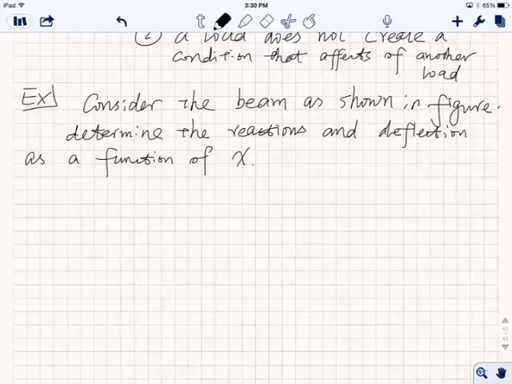Okay, so two things we need to do. One, determine the reactions. Second, determine the deflection as a function of x. All right, so by the end of the example, you should know the deflection at any single point along the x-axis.